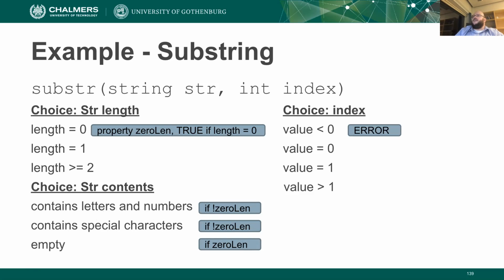Error cases are cases where regardless of what we choose for string length and string contents, an index less than 0 is a problem, right? That's not our normal happy execution. That should instead return some kind of error saying, look, you can't give me a negative index to a substring function. A string can't have a negative length to it, right? So we mark this. So that way we don't try value less than 0 with every one of these 6 options.